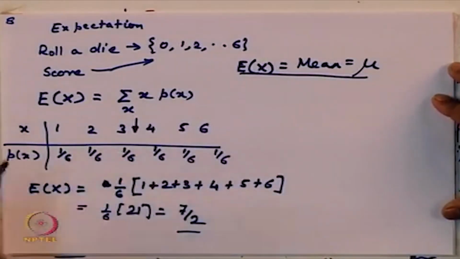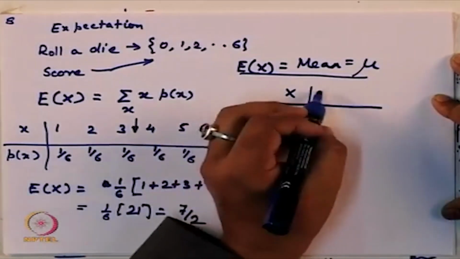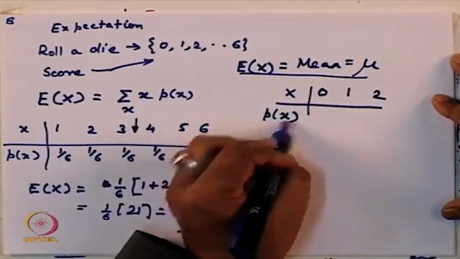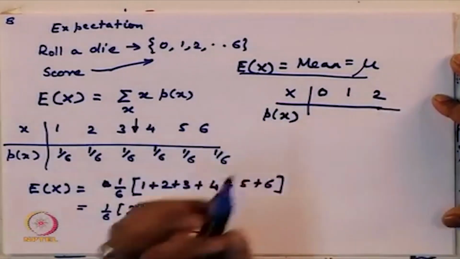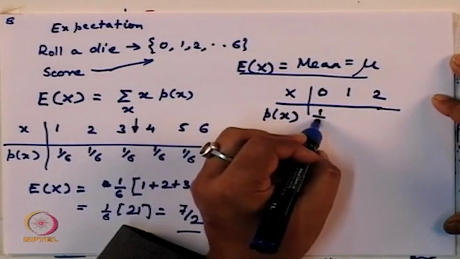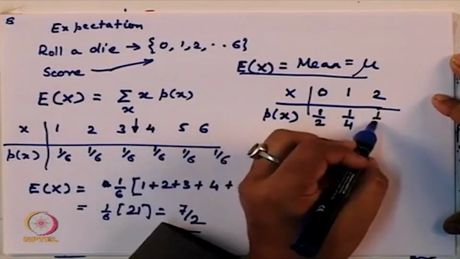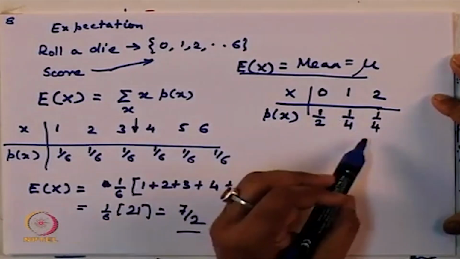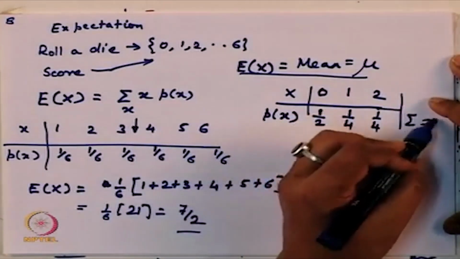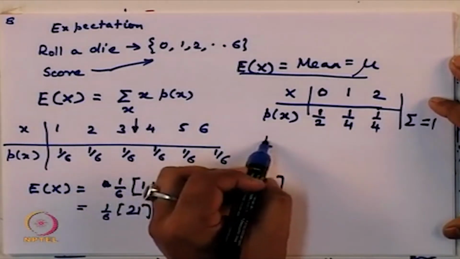So, let us take another case. Let us say my x values can be 0, 1, 2, and the probability values are half, 1/4 and 1/4. You see the summation of probability is always equal to 1. Let us compute the value of expectation in this case.